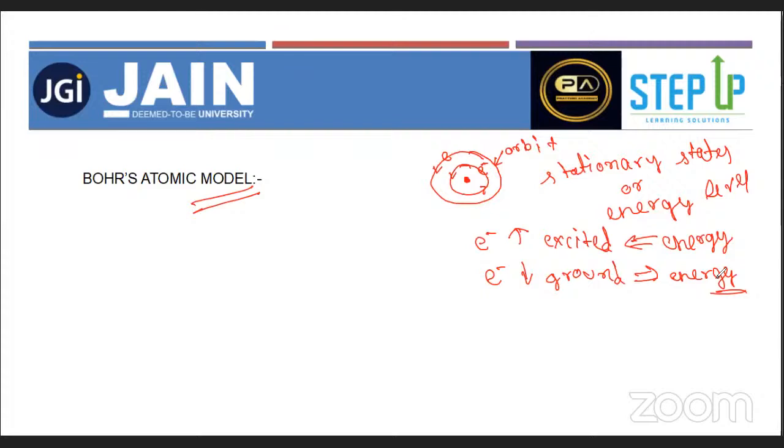Now he said that electrons revolving in the orbit have an angular momentum, which is given by mvr equal to nh upon 2 pi, where n is the number of the shell: number 1, number 2, number 3, like that.